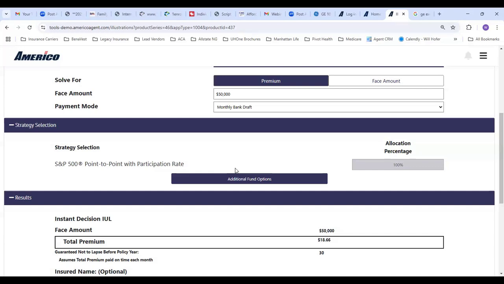Basically, final expense is just a marketing term. It means whole life, but it's dedicated to the senior market, because statistically most seniors do have some sort of health condition or pre-existing condition, so the underwriting is a little bit relaxed and they only require limited information to make a decision.